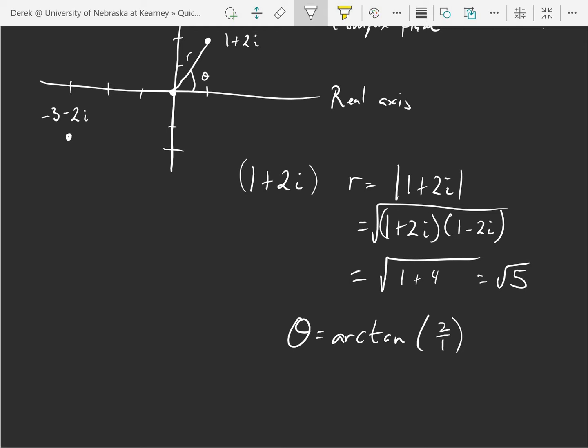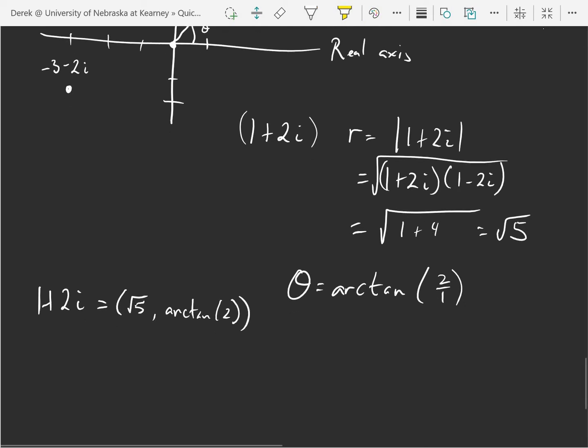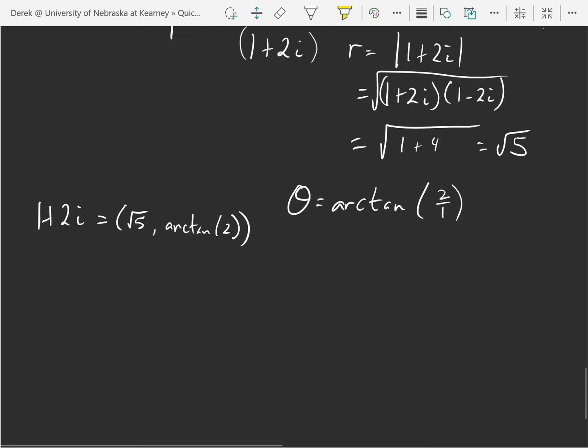So we could also write 1 plus 2i as the polar point, the square root of 5 at an angle of arctangent of 2. Okay, but that's not maybe the best way to do this.